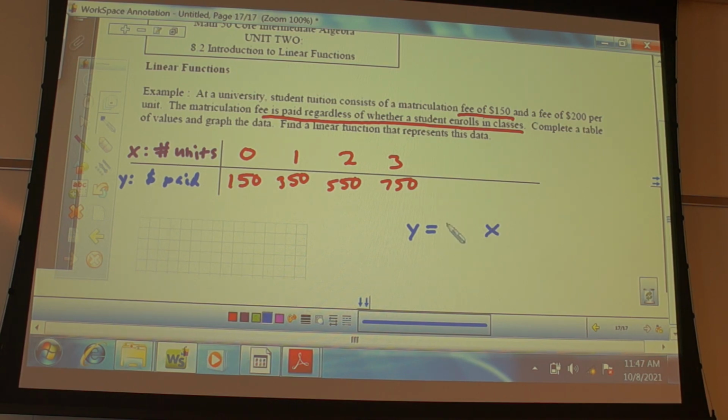So this is kind of like my amount per unit, per x, per unit. And then we have what we call an initial amount. What's my initial amount I pay no matter what? 150. That's what we call our initial amount.